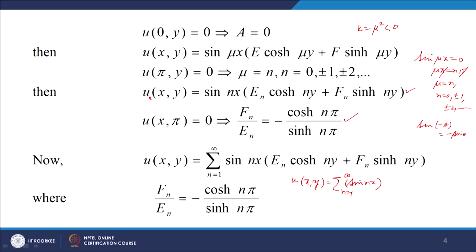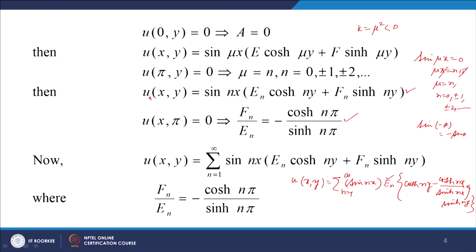So, we take E_n outside, and then we have cosh(ny) plus F_n over E_n, so F_n over E_n will be minus cosh(nπ) over sinh(nπ), multiplied to sinh(ny). Okay, so this is what we have, and therefore, we just have to evaluate this constant E_n.